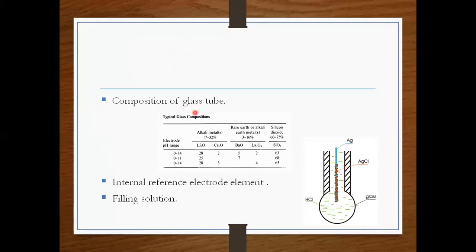The glass composition usually consists of three elements: first of all, alkali metals, second, bivalent or trivalent metals, and the third one is silicon dioxide. Depending upon the pH range, for the full pH range that is 0 to 14, the composition of the glass tube consists of silicon dioxide 63%, and the bivalent or trivalent elements, barium oxide 5% and lanthanum oxide 2%.